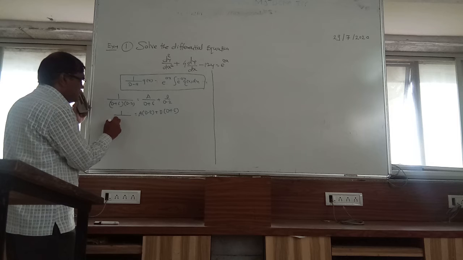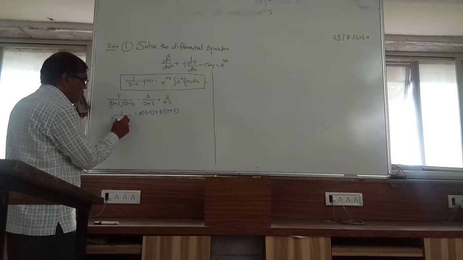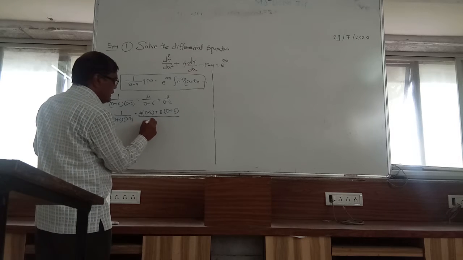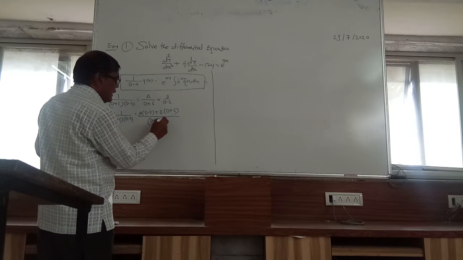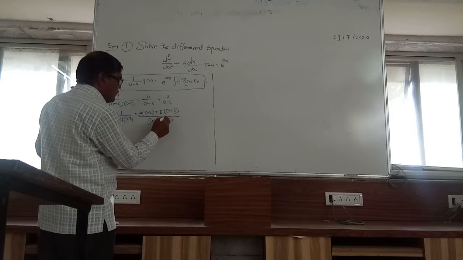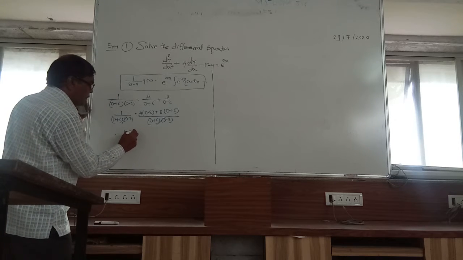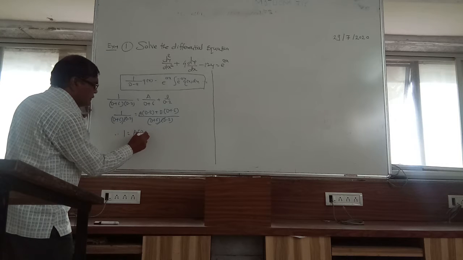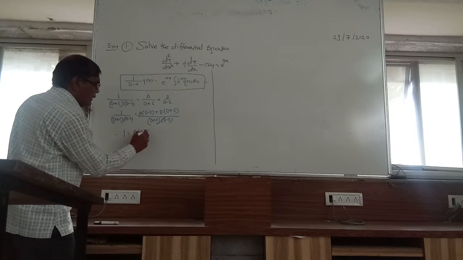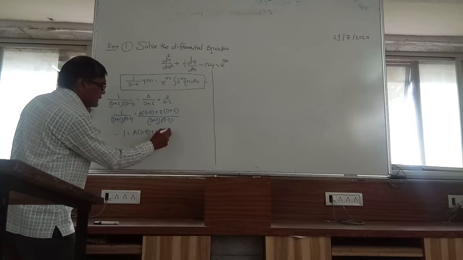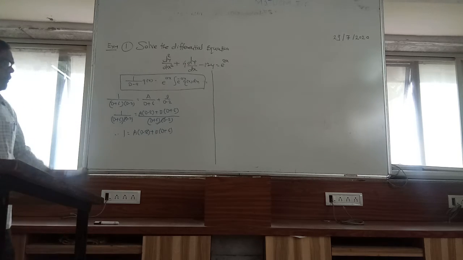The LCM is d plus 6 and d minus 2, so on both sides this gets cancelled. So we get 1 is equal to A times d minus 2 plus B times d plus 6. Now we have to find the values of A and B.